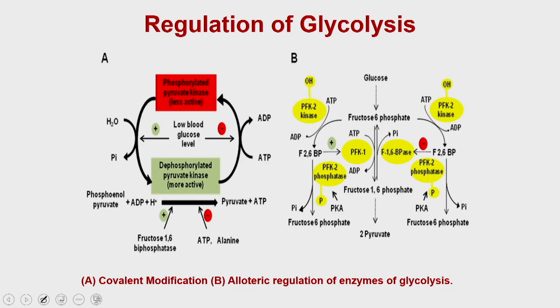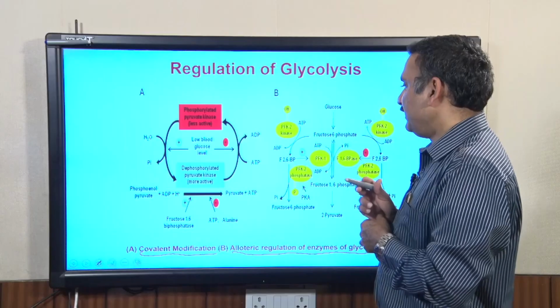So, at the enzymatic level you have two different types of regulation. One is called covalent modification and the other is called allosteric regulation. So, let us discuss covalent modifications. In covalent modification, the example is pyruvate kinase.